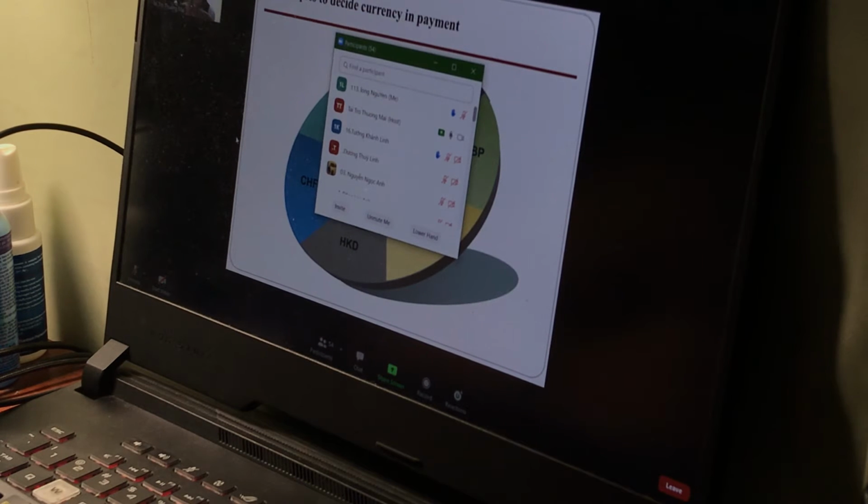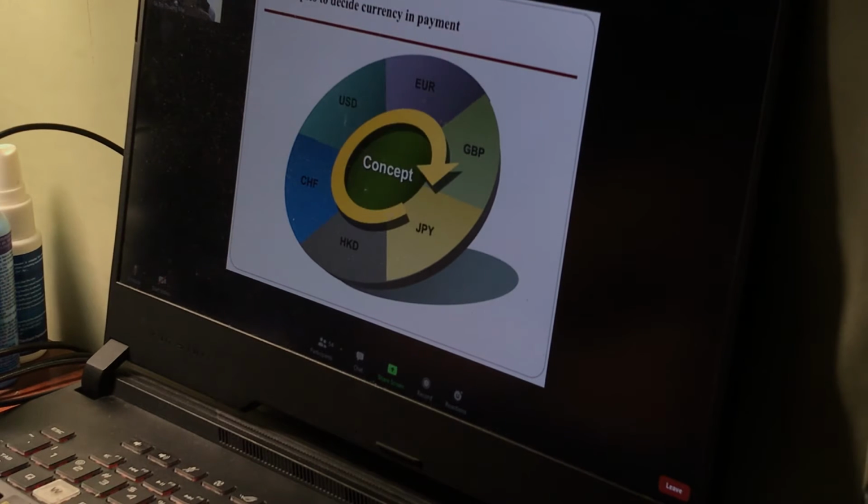Can you explain the 3 capital letters of the currency code? What USD stands for, or what EUR stands for, or what GBP stands for, what Vietnamese VND stands for.